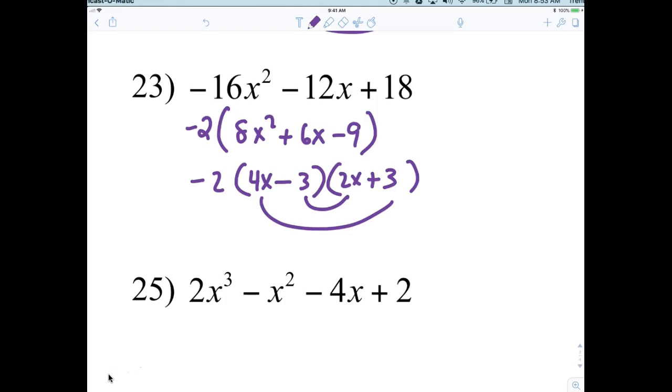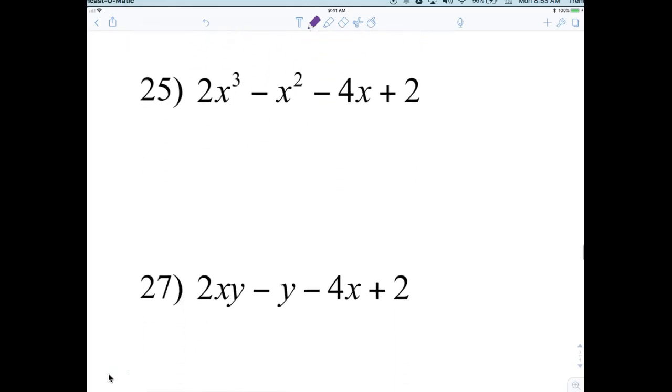All right, so let's take a look at 25. Factoring by what? Everybody happy with that? Factoring by grouping. What's common? Just x squared. That's okay. X squared.